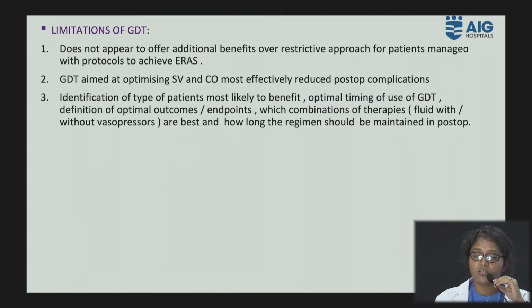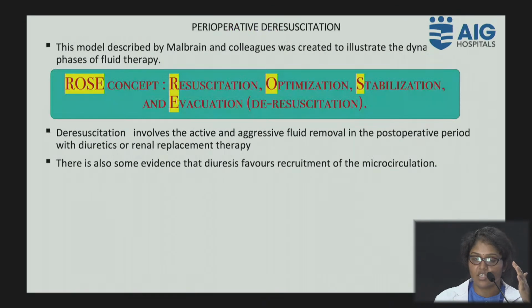Limitations are that compared to SPV and PPV, stroke volume and cardiac output directed GDT is more effective, which is costly as well, and it does not appear to have additional benefits over restrictive approach for a patient managed with ERAS protocols. And the endpoints like when to start the GDT, what are the combination of therapies like fluid with vasopressor or fluid alone, and how long the regimen should be continued into post-op is less well defined.